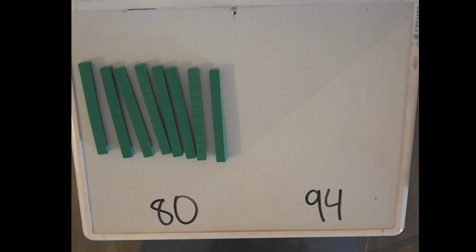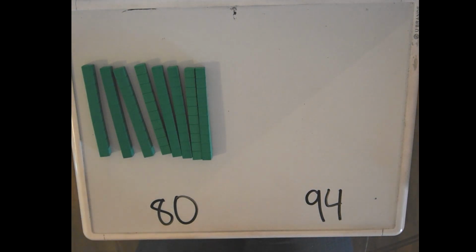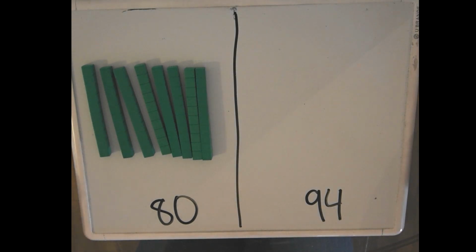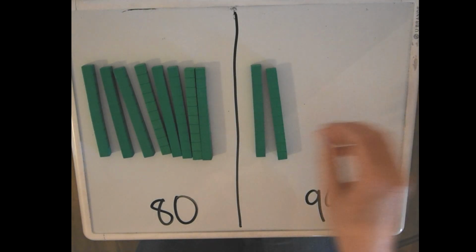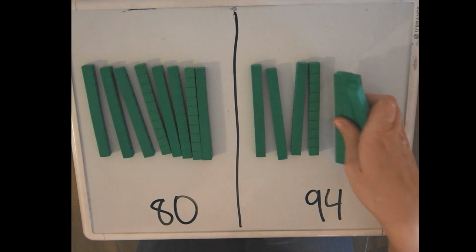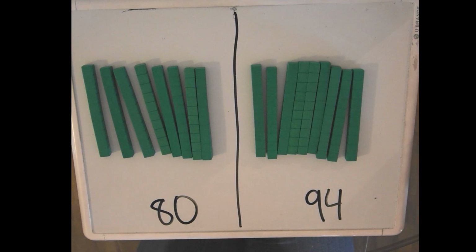Okay, that shows 80 because there's 0 ones. There's no ones. Okay, now let's make 94. 1, 2, 3, 4, 5, 6, 7, 8, 9, and then 4 ones. 1, 2, 3, 4.